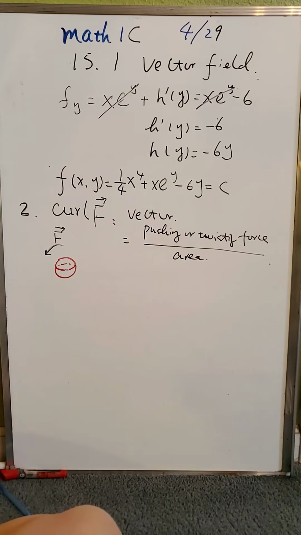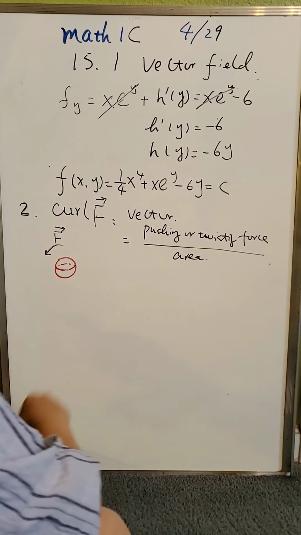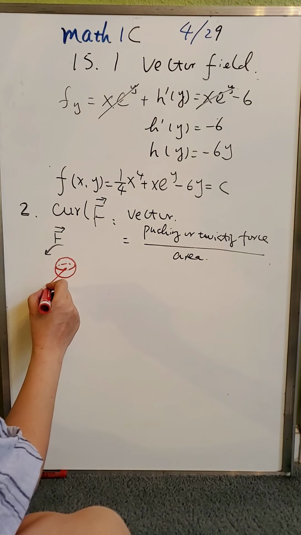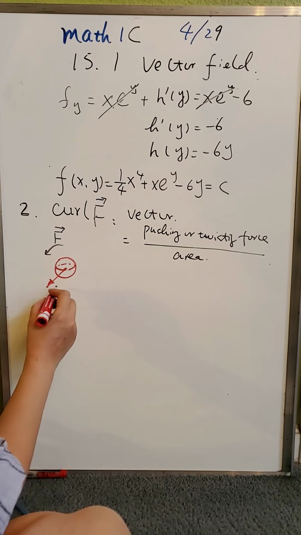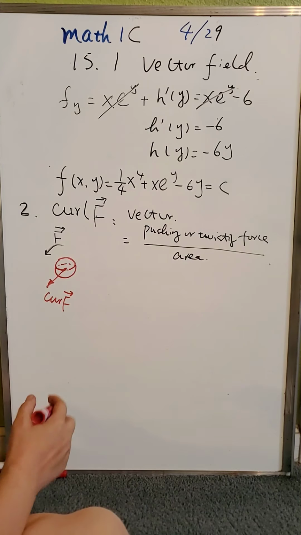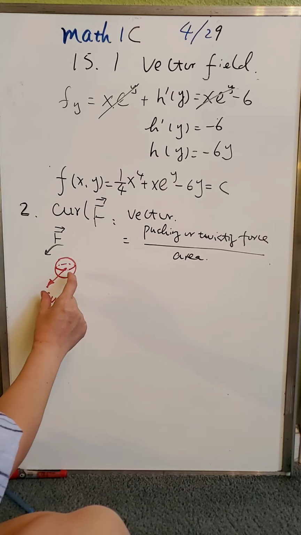Because I couldn't draw it right in front, I'm going to draw a little bit right here. So here is my curl. The speed of the vector is the length.